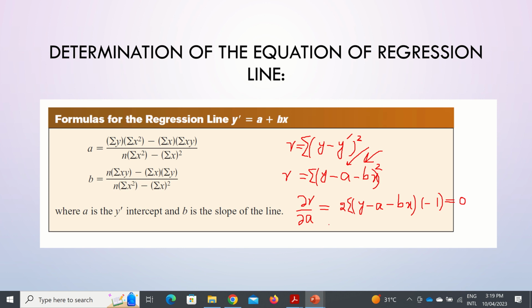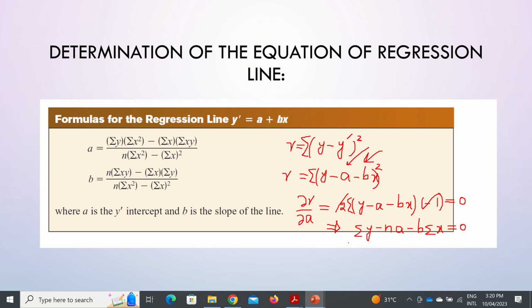When you apply the summation, you can cancel the 2, and you can cancel that minus 1 by dividing both sides by minus 2. Applying the summation, we have summation y minus summation a. You are adding a n times, so that becomes n times a, minus b times summation x, where b is a constant and x is a variable, equal to 0.